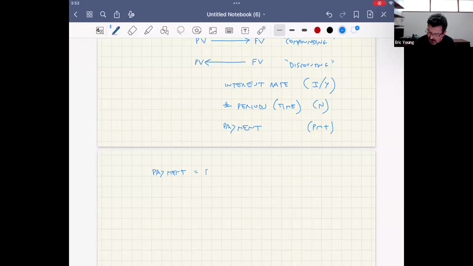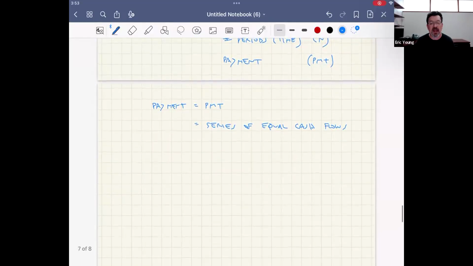In finance, a payment, which we call PMT, refers to a series of equal cash flows. That's it. Those cash flows can be flowing into you and be received by you.